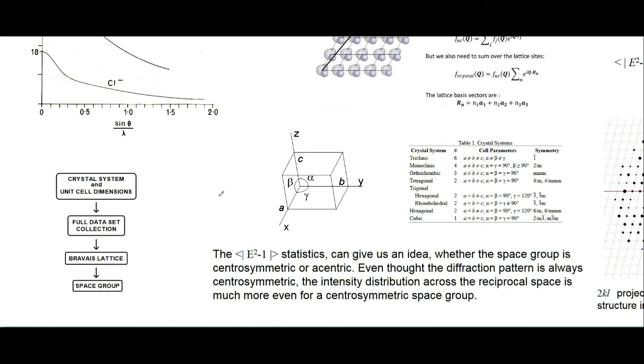And so the first thing we want to do is determine the crystal system and the unit cell dimensions. Our unit cell dimensions are based on the lengths of the unit cell and the angles of the different components of our unit cell.